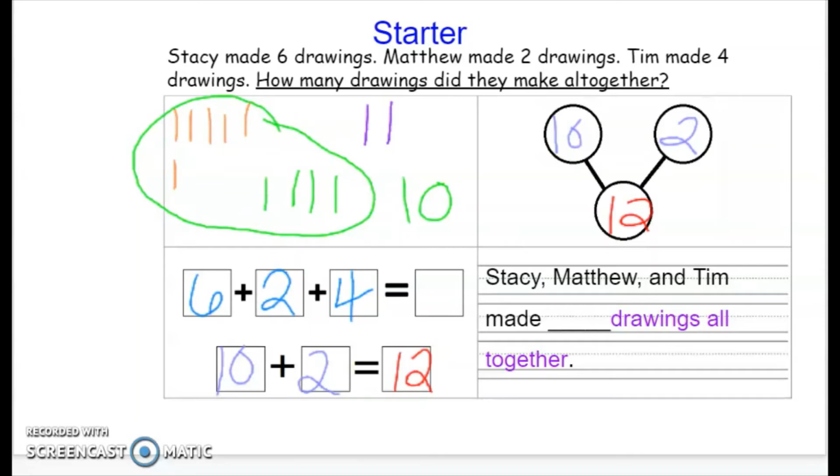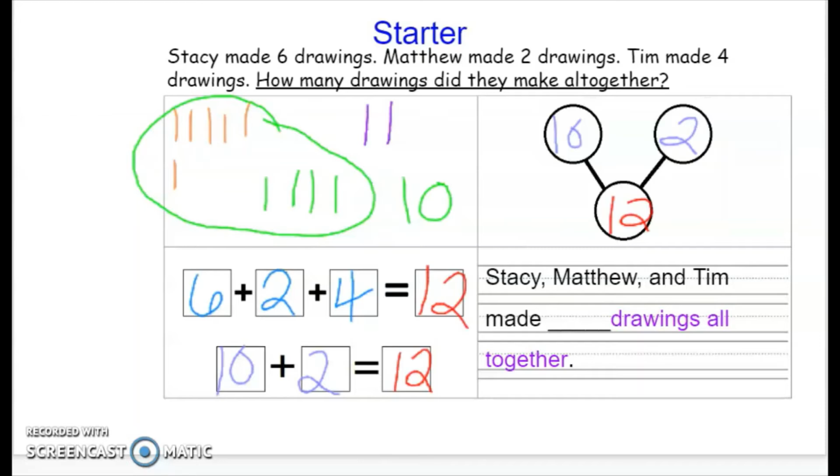Associative property tells us that the sum of 3 parts remains the same no matter how it is regrouped. So we took 6, 2, and 4 and regrouped it to make 10 and 2. The associative property tells us that 6 plus 2 plus 4 is also going to equal 12.